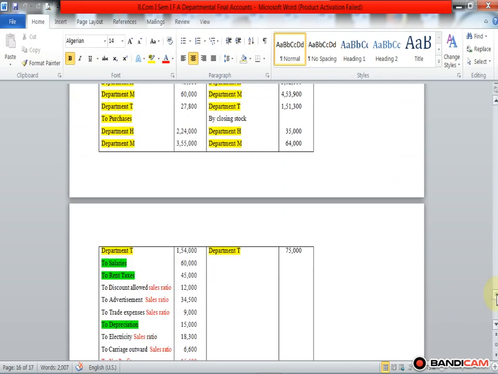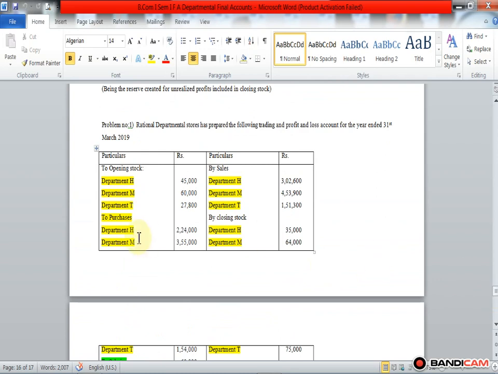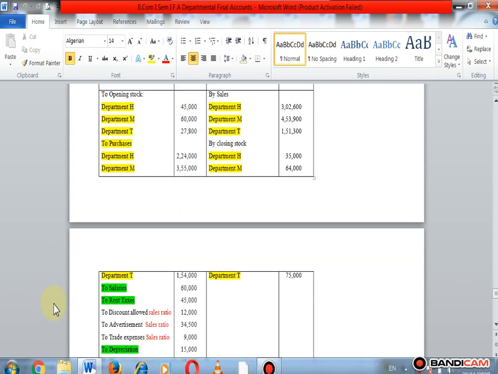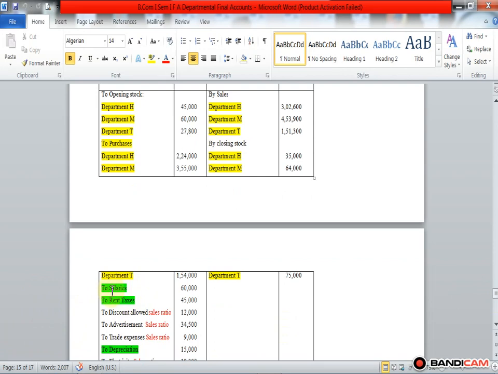Here we read: opening stock is transferred to trading account, purchases to trading account, then salary. Adjustment on salary, so we calculate a working note for distribution of salary.